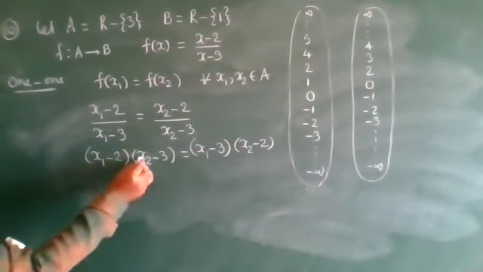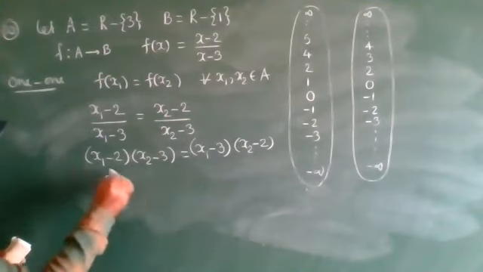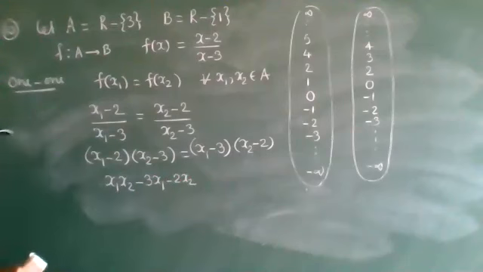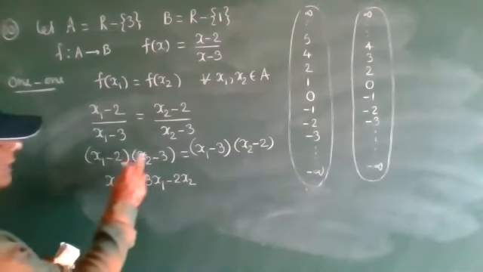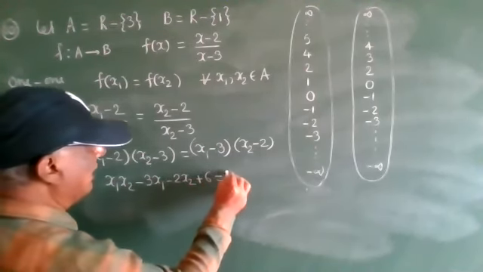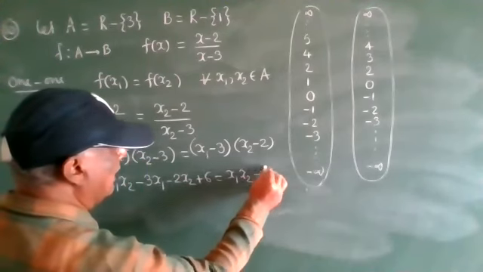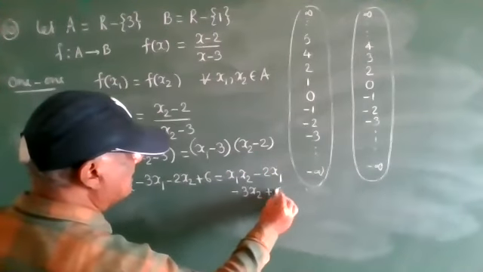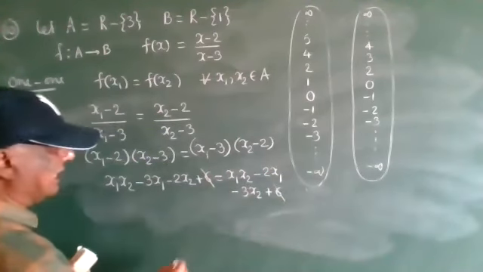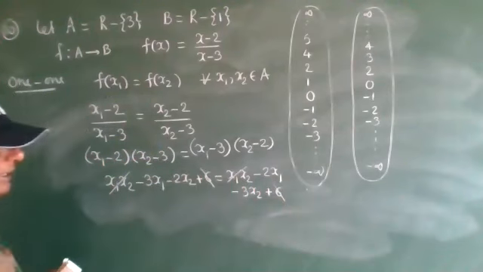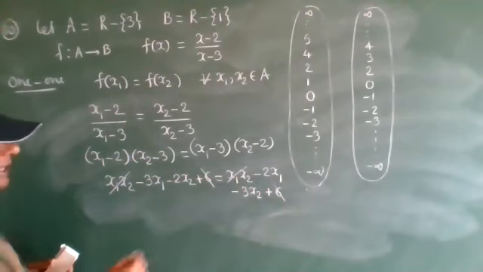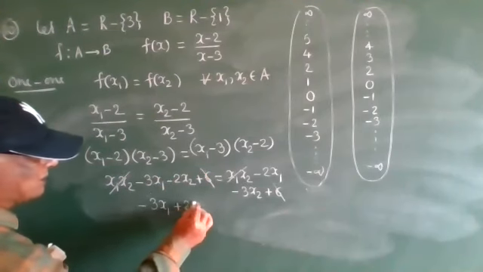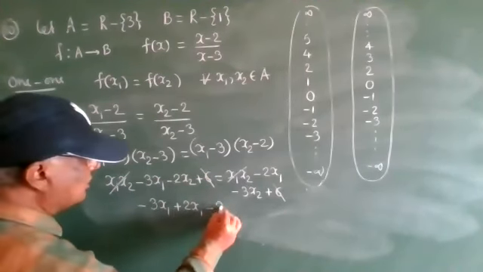Multiplying: x1 x2 minus 3x1 minus 2x2 plus 6 equals x1 x2 minus 2x1 minus 3x2 plus 6. The plus 6 cancels, x1 x2 cancels. Okay, now bring everything to the left hand side: x1 terms, minus 3x1 plus 2x1, minus 2x2.